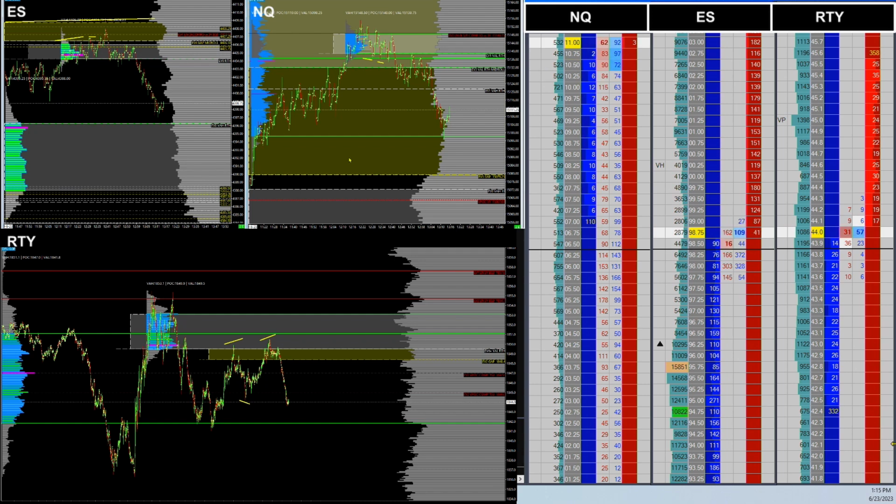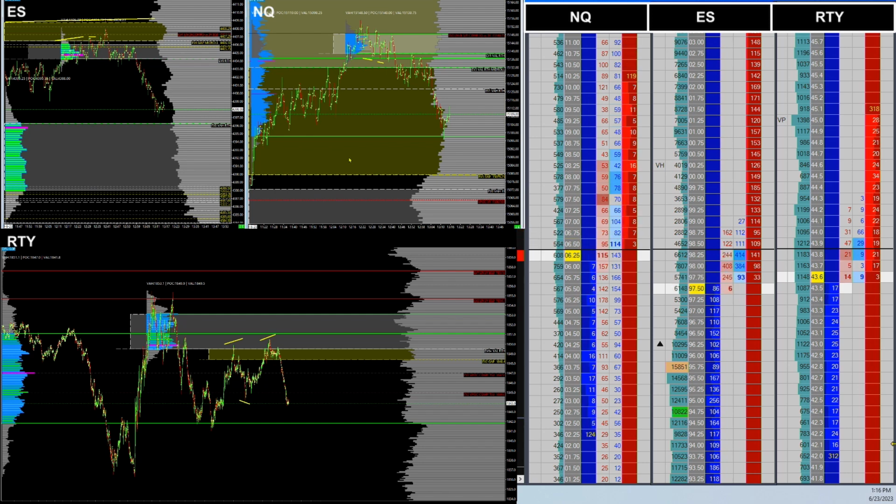Now, there were some good shorts up there. It looked like good shorts. It wasn't just right for me to short up there, though. That was a bit of dissonance, because things weren't quite working.